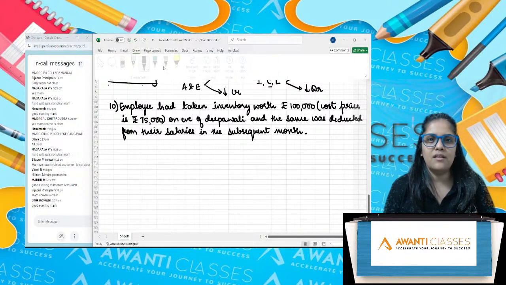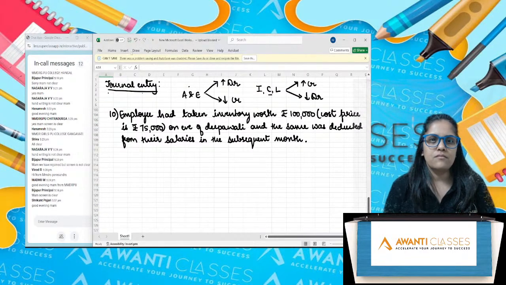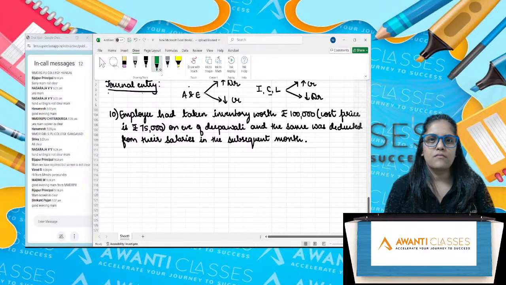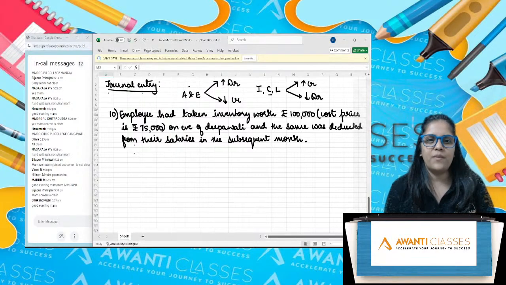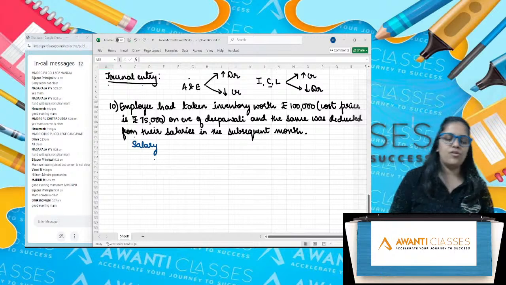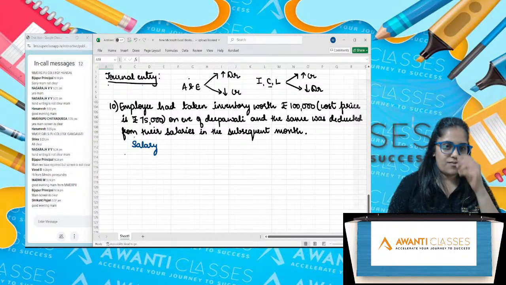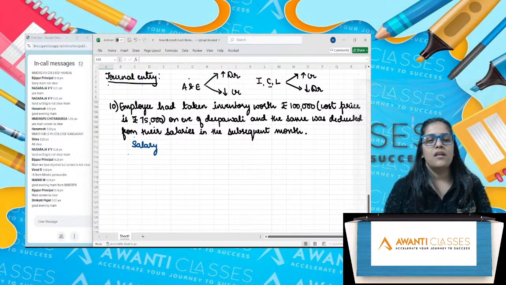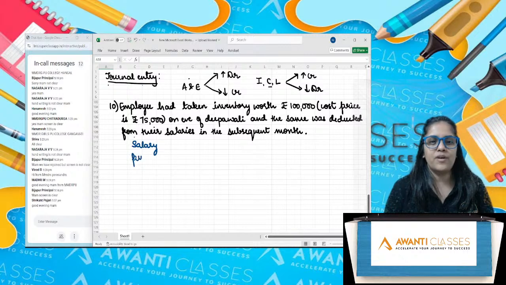So, the first aspect here is salary, correct? And second, goods are going out. And yesterday I told you that whenever goods are going out for free, like at a lower price, then we write it to purchases account.